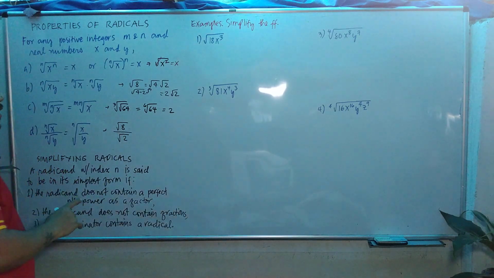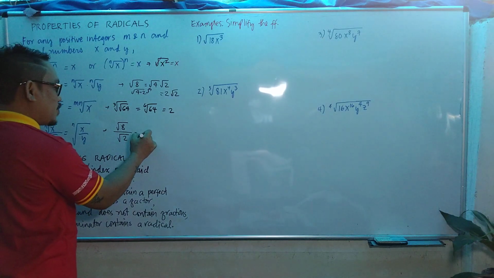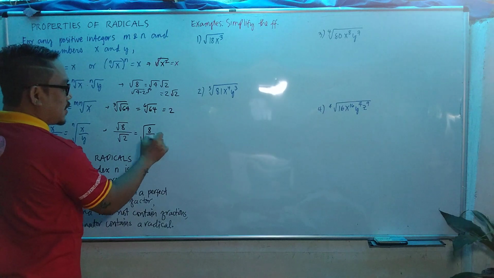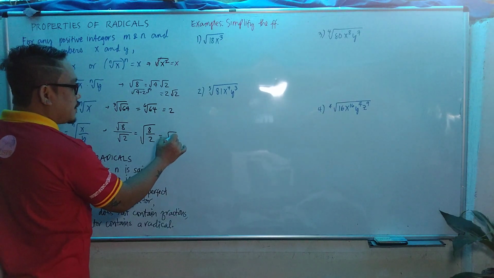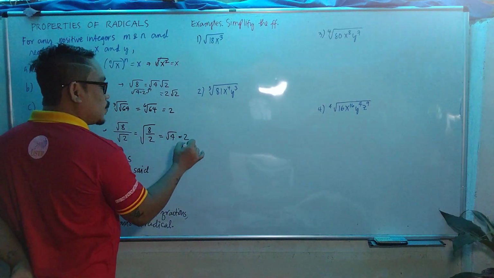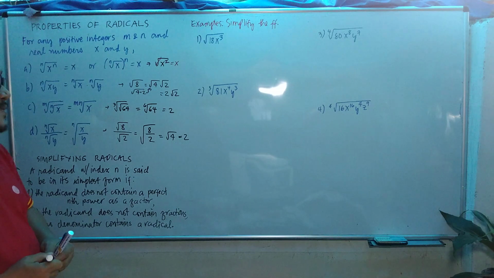This can be written as the square root of 8 over 2. What is 8 over 2? It is 4, because 8 divided by 2 is 4. So, what is the square root of 4? You have 2.